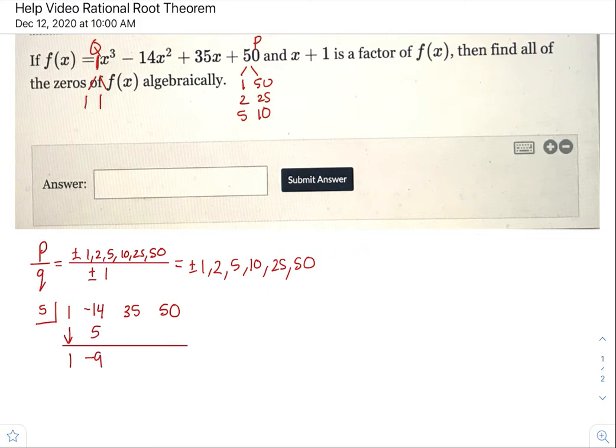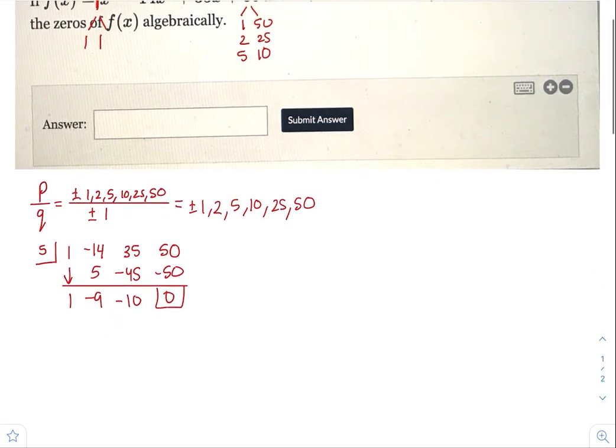Negative 9. Negative 9 times 5 is negative 45. Negative 45 plus 35 is negative 10. Negative 10 plus 5 is negative 5. It took me a couple tries, but that's the process, right? You keep on trying out numbers from this list to see if it works. We already know 1 and negative 5 didn't work, so you just keep on moving on.